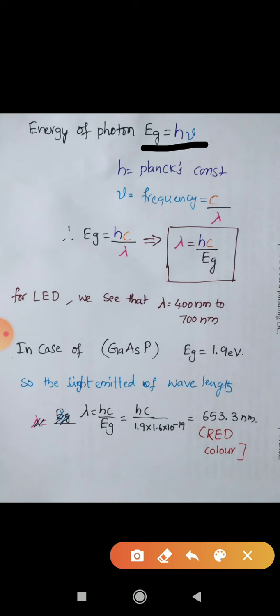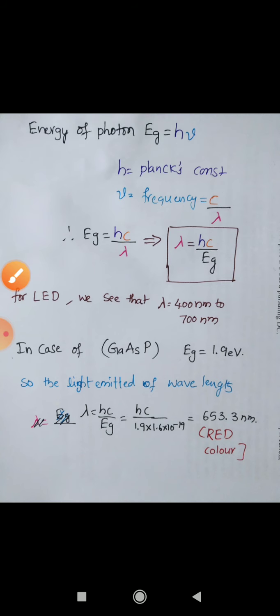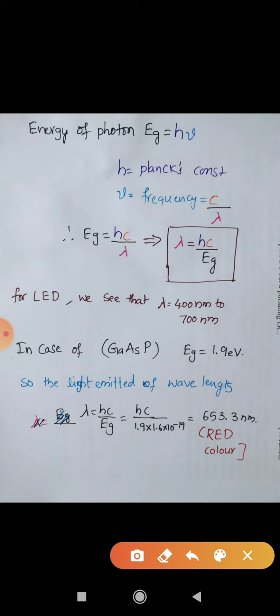And this frequency of light can be written as c by lambda in terms of wavelength, where c is the velocity of light and lambda is wavelength of light.